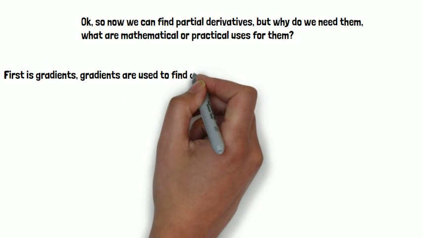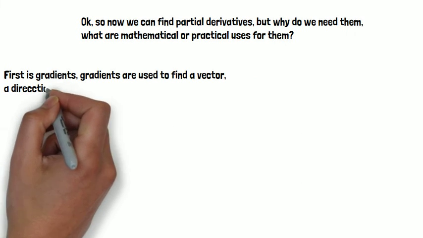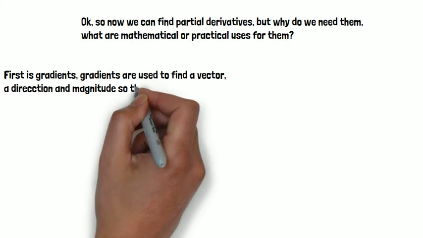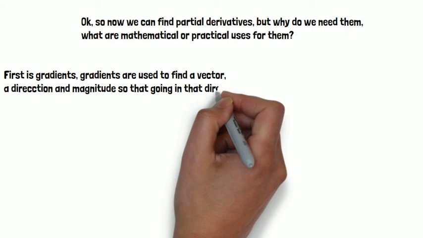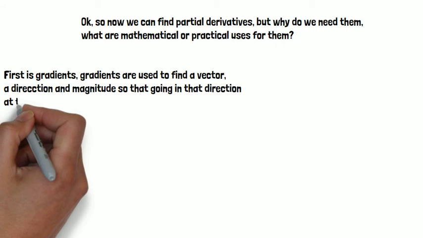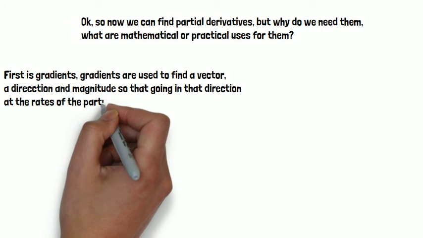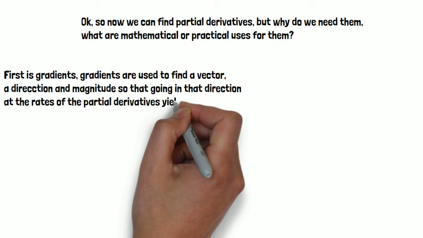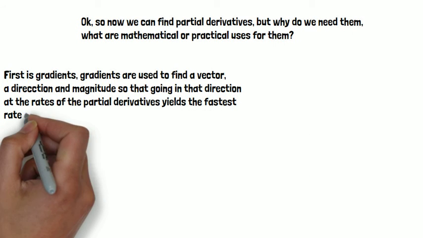Let's say you're scaling a mountain and you want to find the quickest way up this hill from your current location, the greatest rate of change to get to the top. That would be your gradient, the vector that gives you the correct direction and magnitude to see the greatest rate of change.